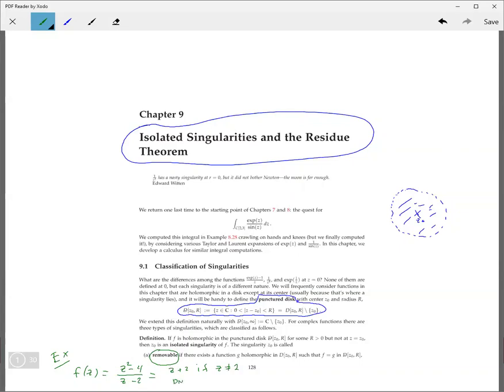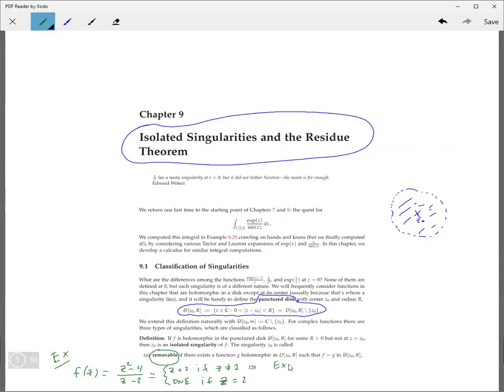So that's pretty much what this function is. So this function is Z plus 2 if Z is not equal to 2, but it doesn't exist if Z equals 2. So that is a singularity. It's removable because all we have to do is change this right here and say, oh, we'll just make that equal to 4 when Z is 2. And then it will be holomorphic at Z naught. Okay, that's removable.